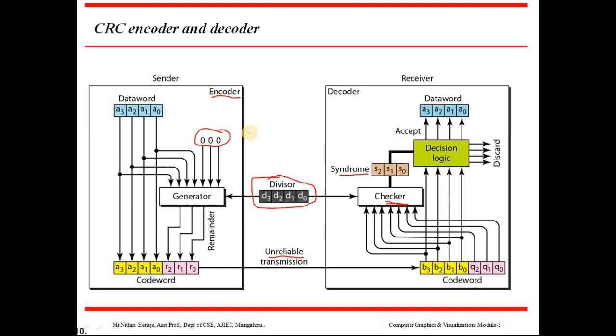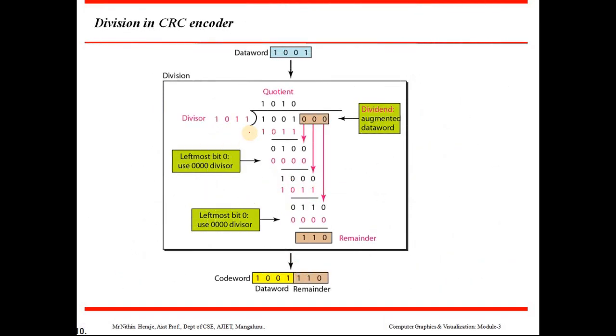So now let's go further, and we will check this example. So this is what is going to happen in the generator. The generator will perform the division. You have the data word as 1001.